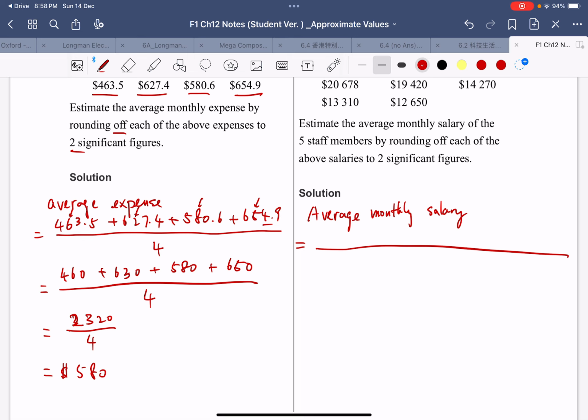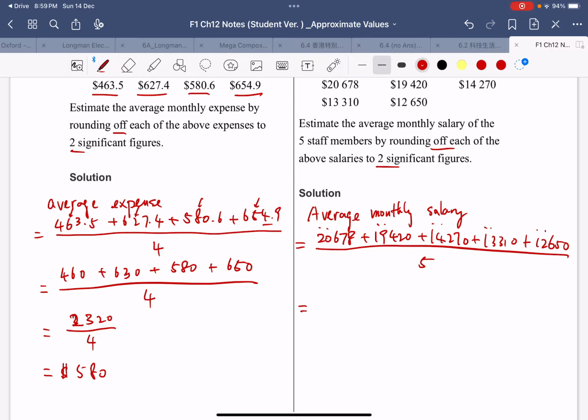Add up all the numbers. 20678 plus 19420 plus 14270 plus 13310 plus 12650. Divide by 5, and then you're going to round off each number to two significant figures. Okay, round off.